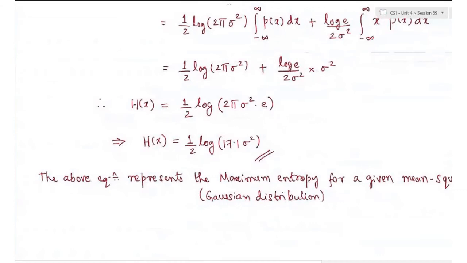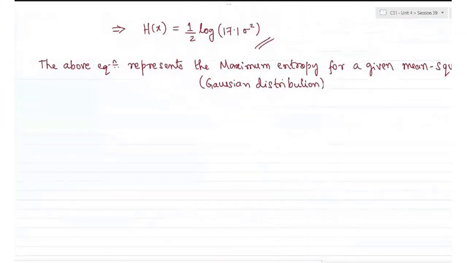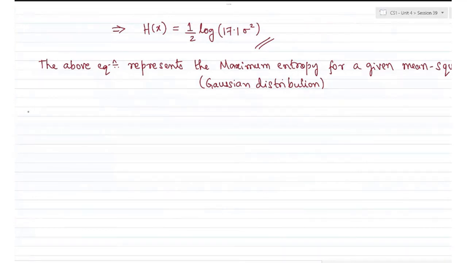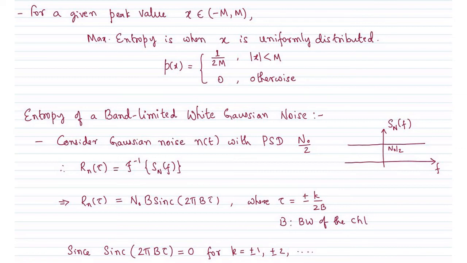Taking the first part here, it can be shown that for a given peak value, where x varies from minus m to plus m, the maximum entropy is when x is uniformly distributed, very similar to your discrete random variable.